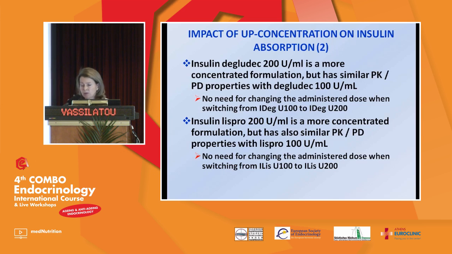So in this case, there is no need for changing doses when switching from one preparation to the other. And also, insulin lispro 200 units per ml is a more concentrated formulation with no differences concerning pharmacokinetics and pharmacodynamics from lispro 100 units per ml. So again, no need for changing doses when switching from one preparation to the other.